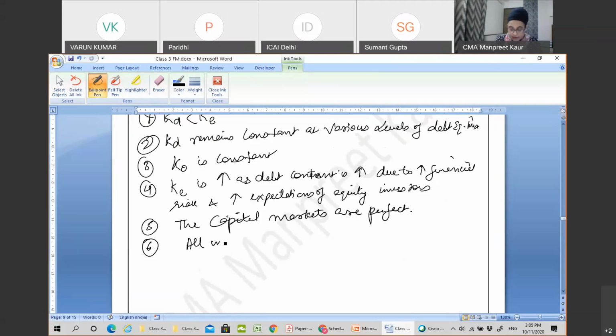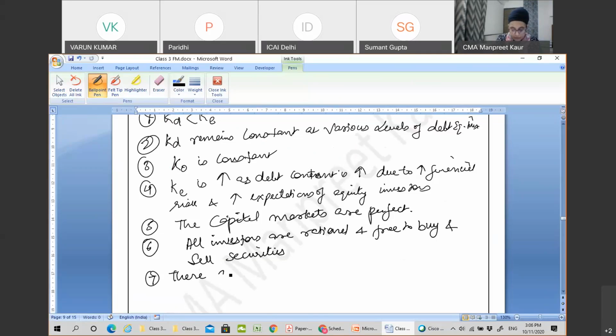All investors are rational as they are free to buy and sell securities. And last, there are no transaction costs.